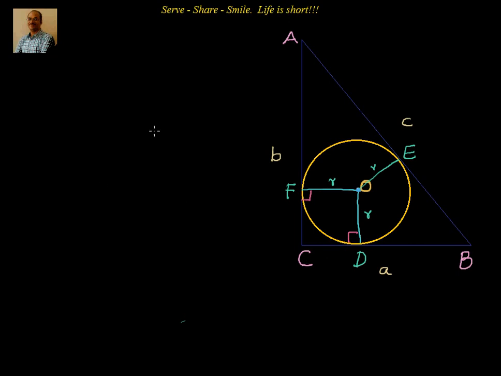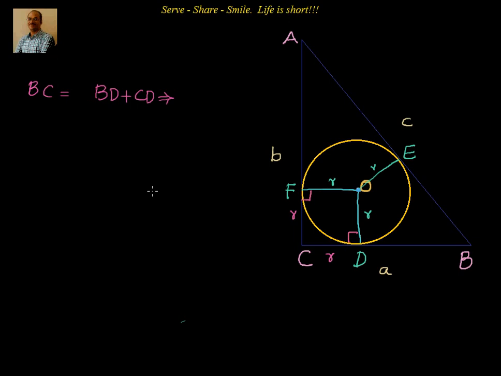One way, we will leverage the theorem that the lengths of tangents drawn from an external point to a circle are equal. Considering that we have a square here, we have R and R. So what is BC? BC is equal to BD plus CD.